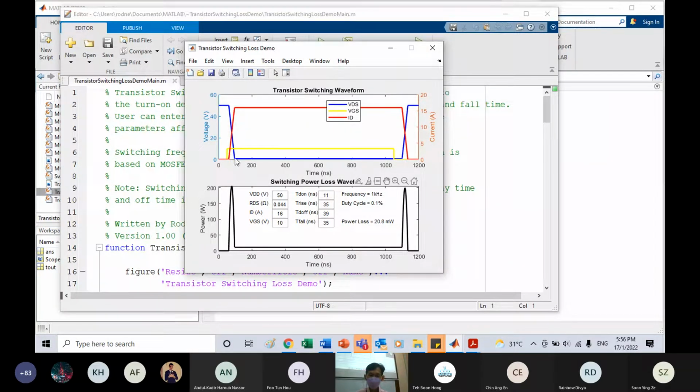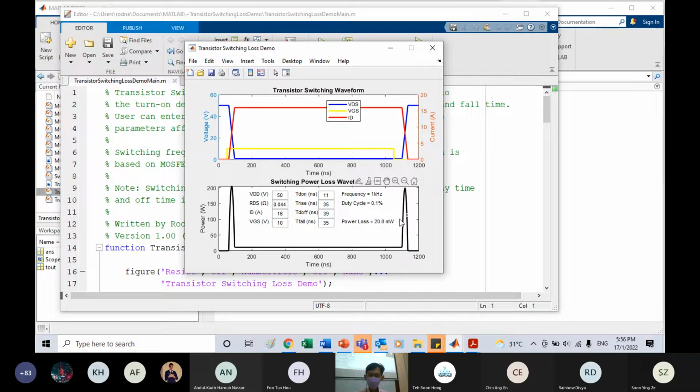During the turn-on and turn-off time, you will see two peaks. These are the power losses, and then there is a constant loss across the time, and when it switches off again, you will have another peak.